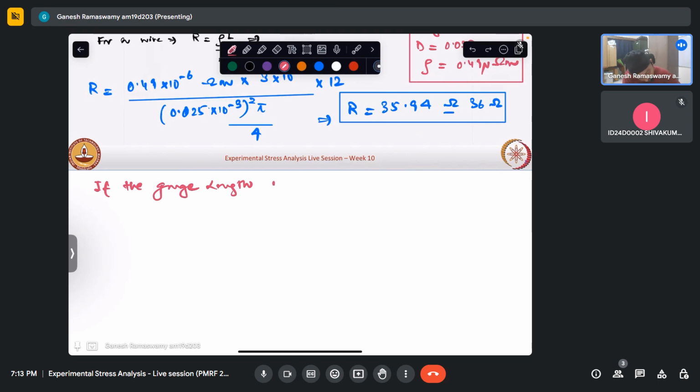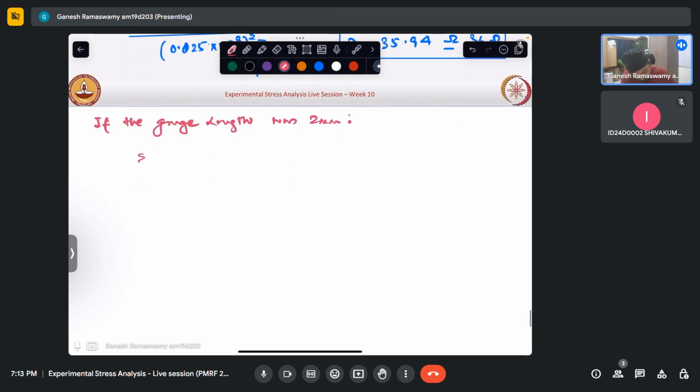was 2 mm, then the extents of the strain gauge would be, this is still pasted at x equal to minus 2.